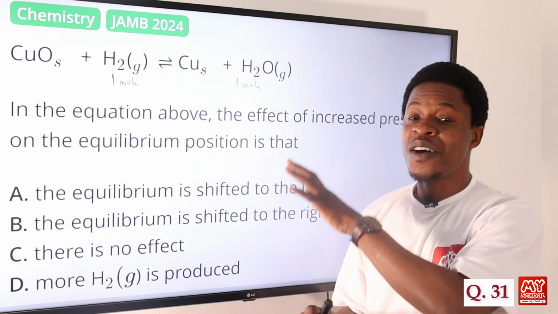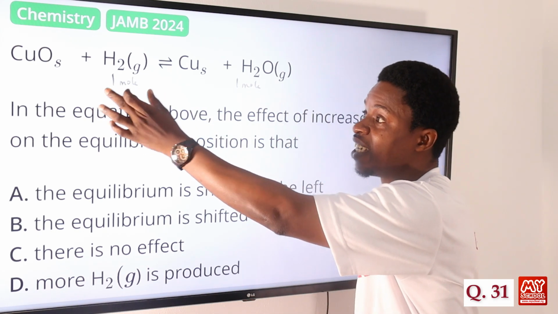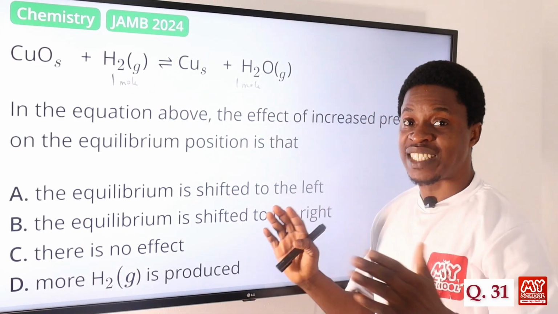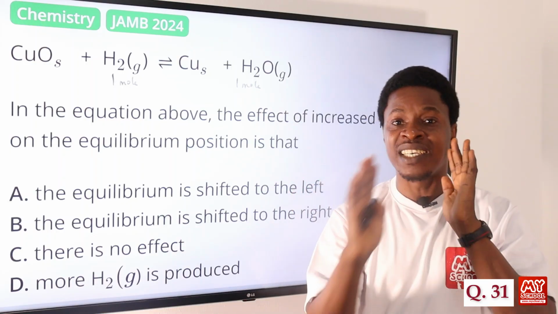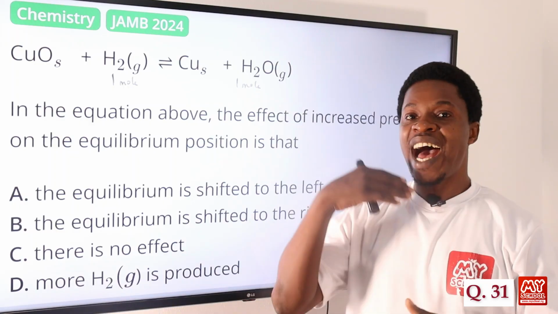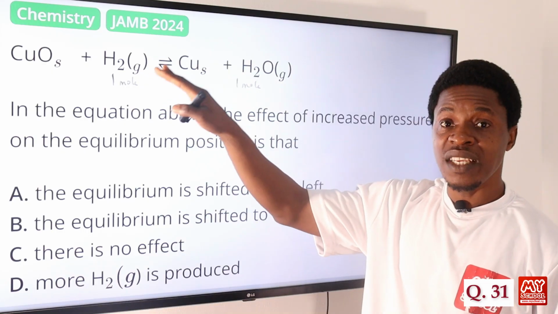In this case, the number of moles of the gaseous substance on the left hand side is equal to the number on the right hand side. So the equation is balanced: increase the pressure, no effect; decrease the pressure, no effect. An increase in pressure will have no effect on this system at equilibrium.